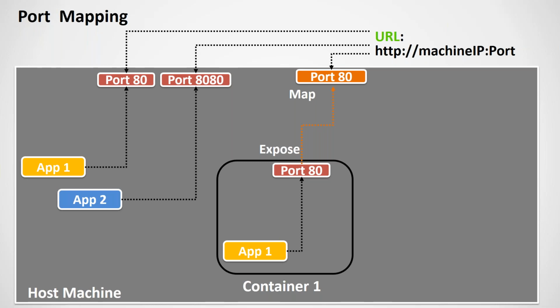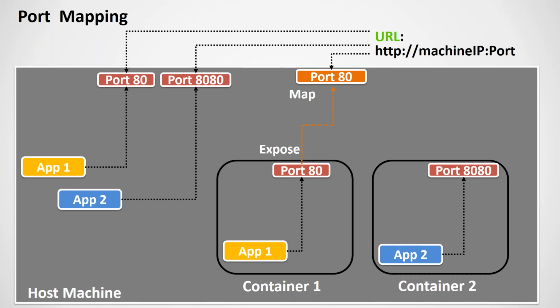Okay. Now, like this, I can have multiple containers, and every container can have a different port which is being exposed. For example, let's say that we have another container in which I have Jenkins running, or I have Tomcat running, which also runs on 8080.